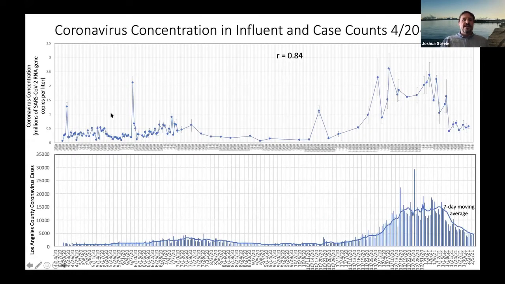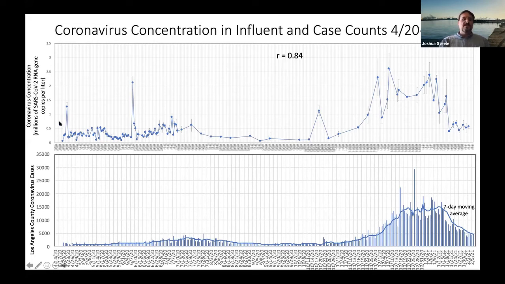So what you're looking at here is a time series, and the top plot is an average of the N1 and N2 genes. We took both of them and averaged them over time at a treatment plant in Southern California, starting way back in April of 2020 and going through February of this year.